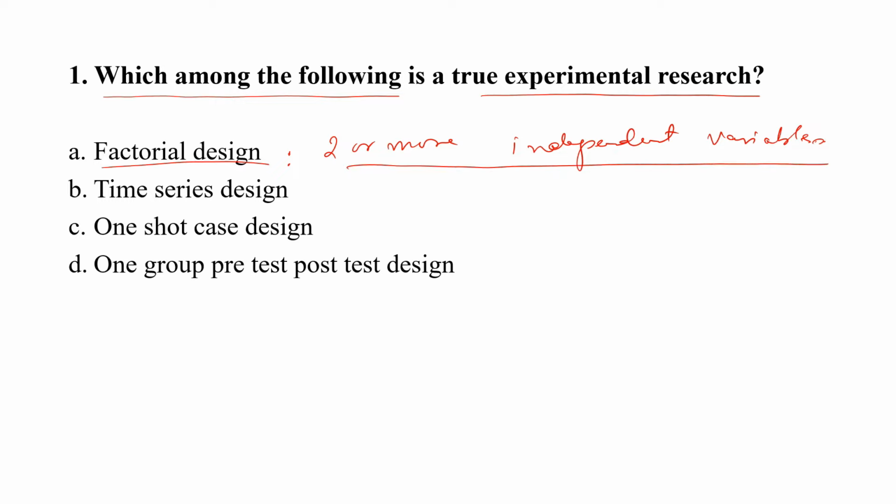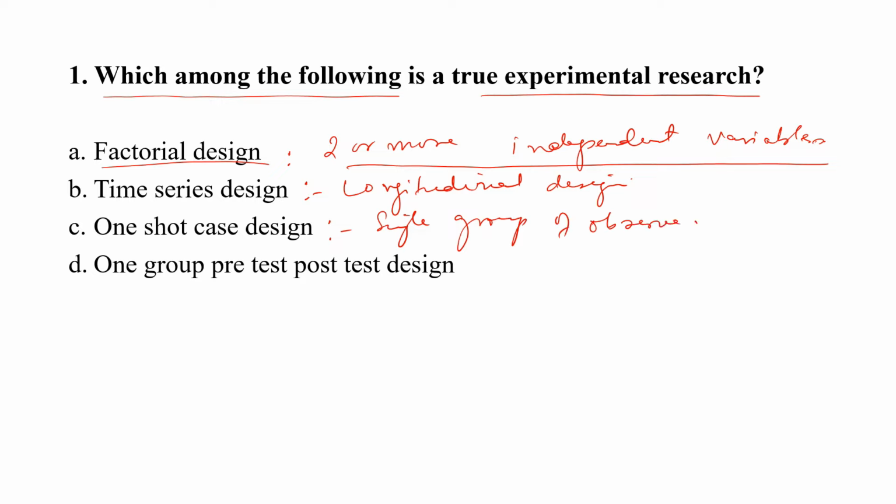It is an experimental design. And time series design is a subcategory of longitudinal research design. And one shot case involves only a single group of observation, and here there is no control group in one shot case design.